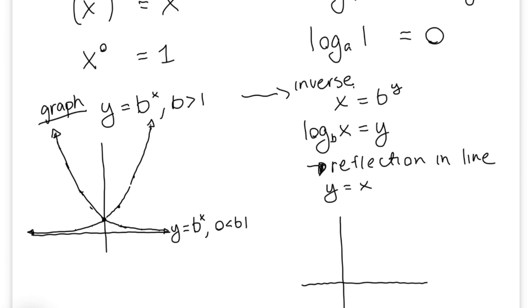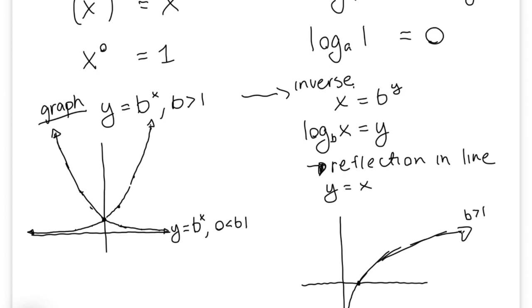So the y-intercept was 1. Now the x-intercept is going to be 1. Okay, the horizontal asymptote started to hug the negative x-axis. The vertical asymptote is going to hug the negative y-axis. And it's going to look like this. Okay, so that is if b is greater than 1.